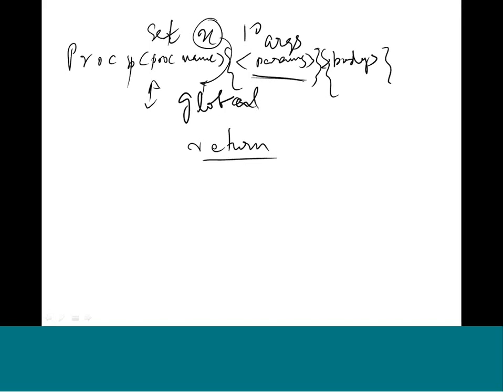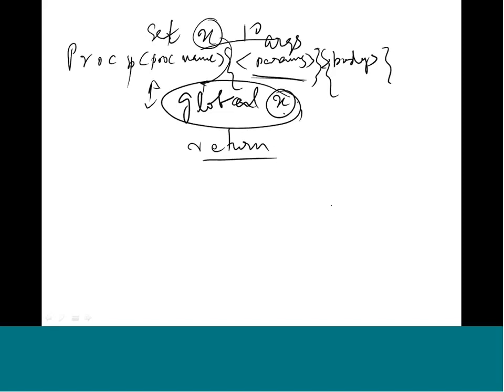The global command, global x, confirms that the x defined outside can be used inside the procedure as well. Again, the point to note is the global x command itself is not setting any value to the variable x. That needs to be set outside. It only makes sure that whatever is set outside can be read inside.